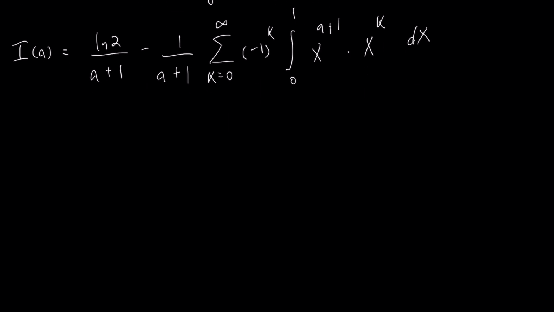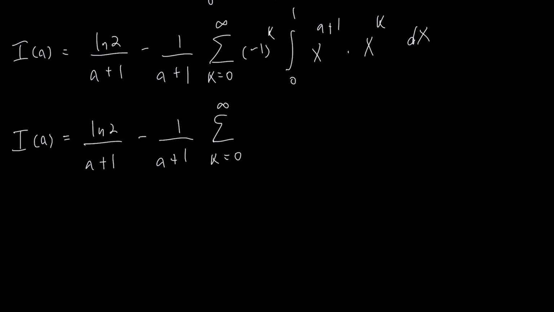And from here we could combine the exponents. So we have I of a is the natural log of 2 over a plus 1 minus 1 over a plus 1, and then the sum from 0 to infinity, negative 1 to the k, the integral from 0 to 1 of x to the a plus 1 plus k dx.